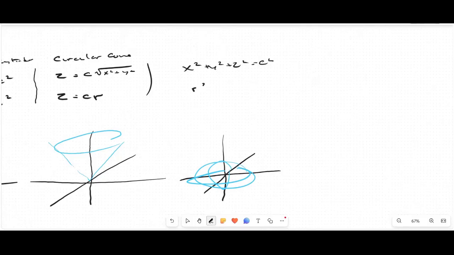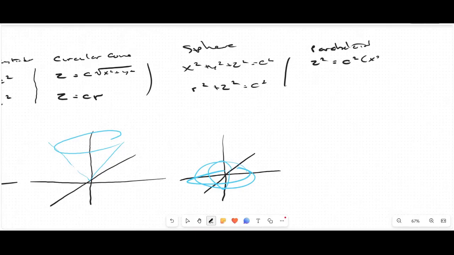And then R squared plus Z squared equals C squared is a sphere in cylindrical. And then the last one, I think, is a paraboloid. So a paraboloid, Z squared equals some constant C squared times X squared plus Y squared. It's a circular paraboloid. Z squared equals C squared R squared.